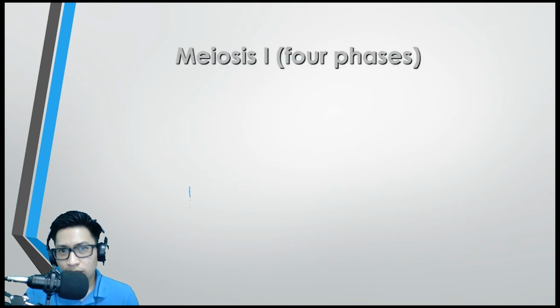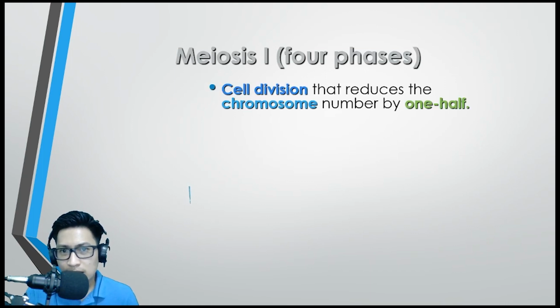Now, let's move on to the first phase of meiosis, which we call meiosis 1. This is the cell division that reduces the chromosome number by half. The production of haploid cells does not happen in meiosis 2. Rather, the number of chromosomes reduces by half during meiosis 1.